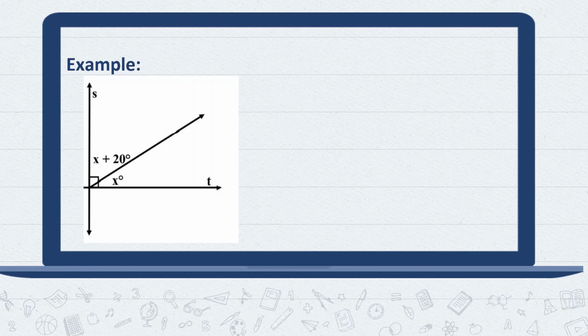Next example, so we are going to consider the given figure. Sa given figure, makikita natin that there are two angles which are adjacent and at the same time complementary. So when we say complementary, the sum of the two angles, let's say x plus 20, yun ang measure ng isang angle, and yung pangalawang angle is x. So the sum of these two angles is equal to 90 degrees. So we come up with the equation x plus 20 plus x is equal to 90 degrees.